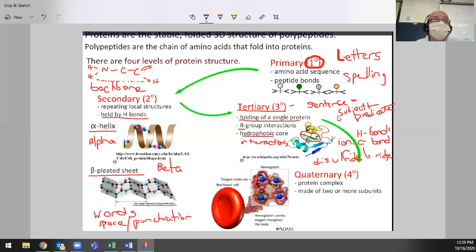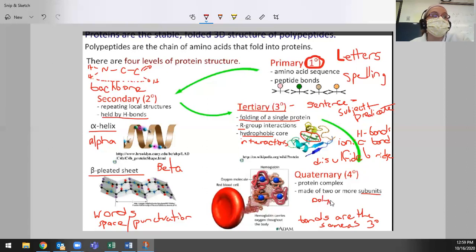When you get to the quaternary structure, the bonding types that hold it in place are the same as when you do the tertiary structure. Quaternary structure. This is when you have two or more subunits, or another word for that is polypeptide.